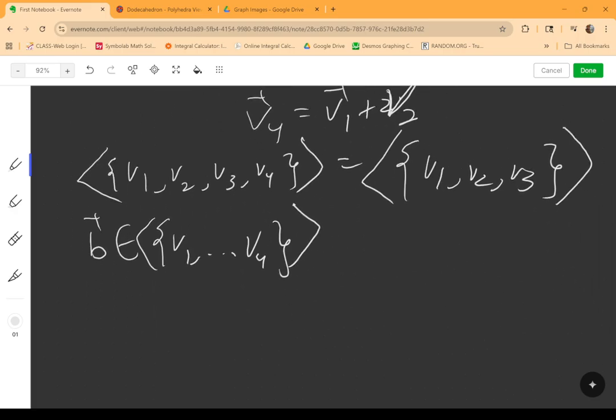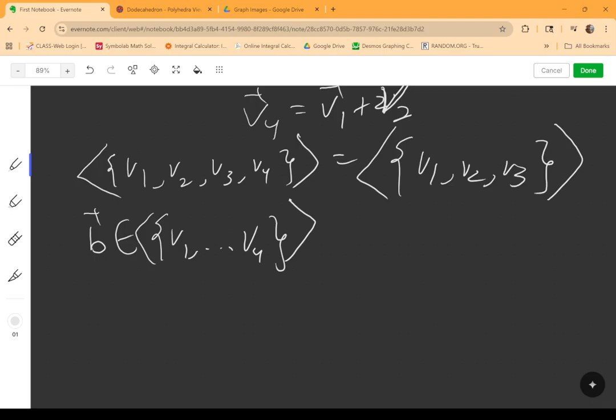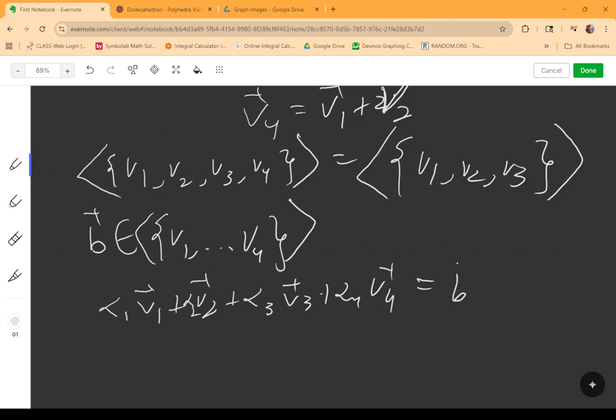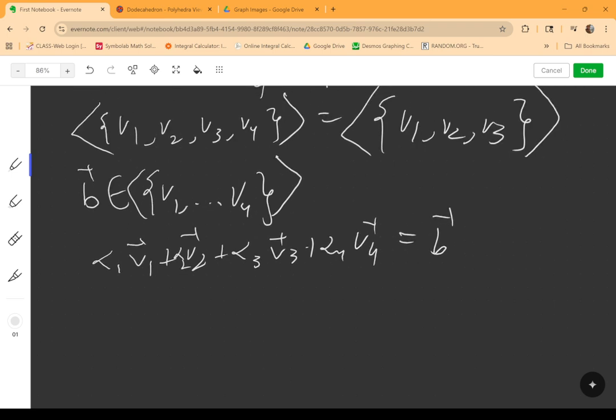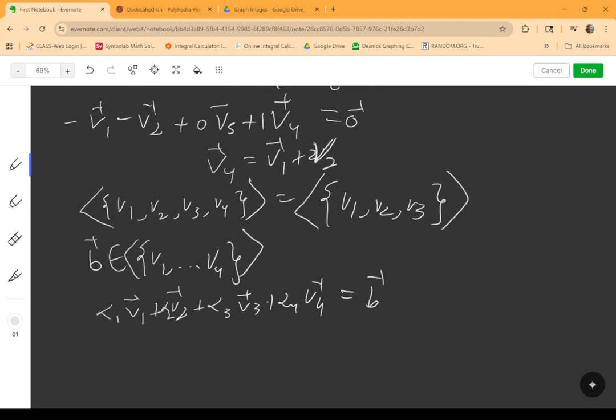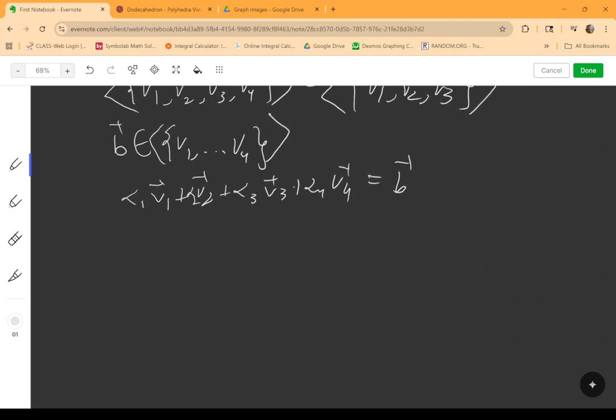If it's in the span, there exists a linear combination alpha 1 v1 plus alpha 2 v2 plus alpha 3 v3 plus alpha 4 v4 equal to b. So there exists a solution, not necessarily unique, to this linear combination. But I've already shown that v4 is just v1 plus v2.